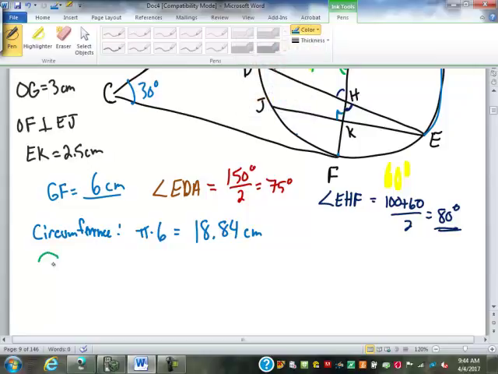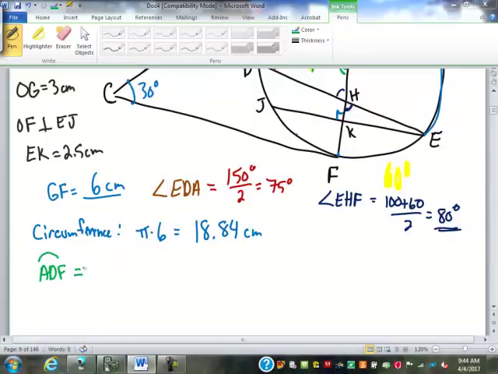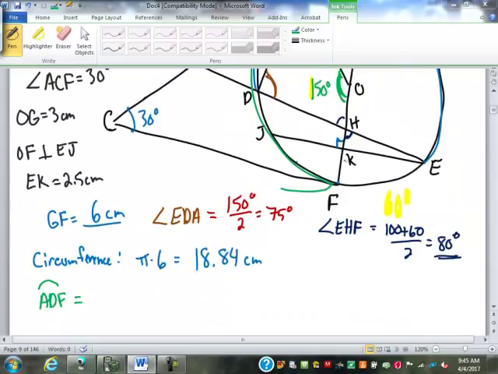If I ask you to find arc ADF, that's going around this way right here. That one's going to be an easy one. Yeah, you have to subtract, it's 180 degrees for half the circle. Subtract 30 gives you 150.